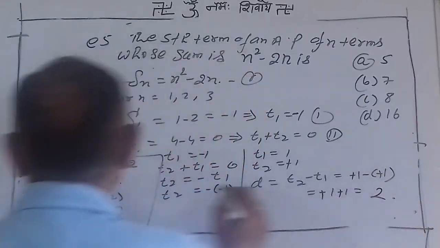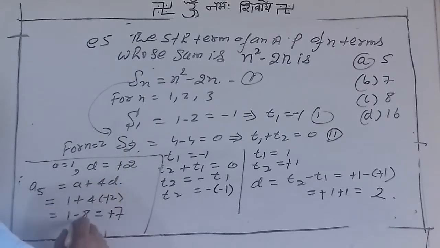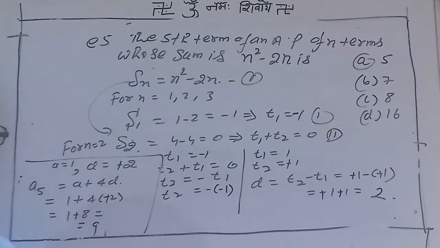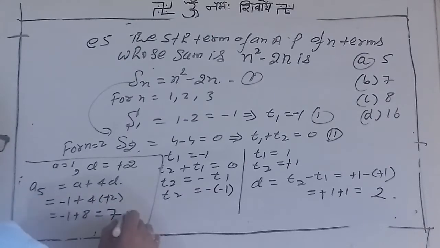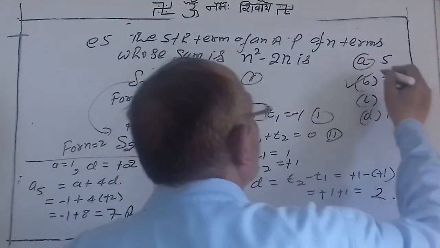Okay, 2. d is 2. That is 9 is your answer. So in this case a is minus 1, then 7 is our answer. Our answer is this one.